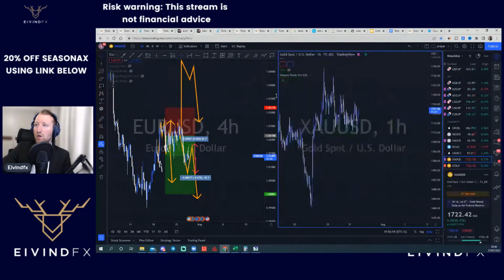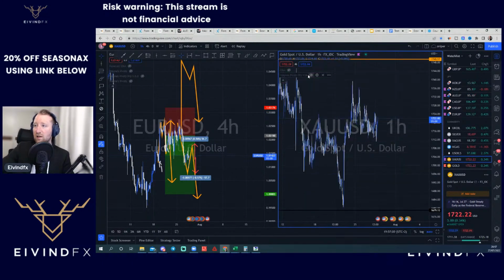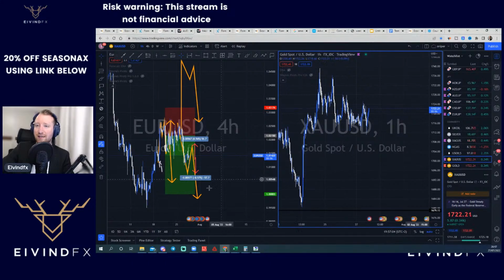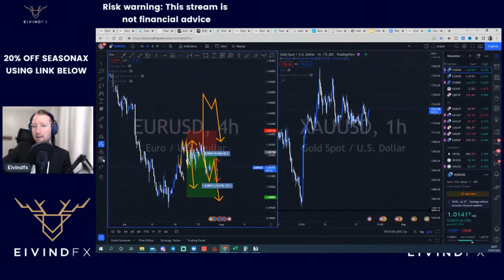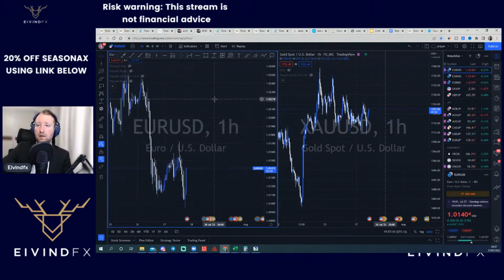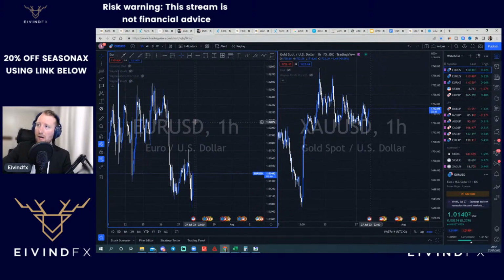Gold at the moment is in some kind of range. Nothing in particular is currently driving gold, and it is just in a range. The same thing for euro dollar. It is currently just dancing around, having a pullback right now.